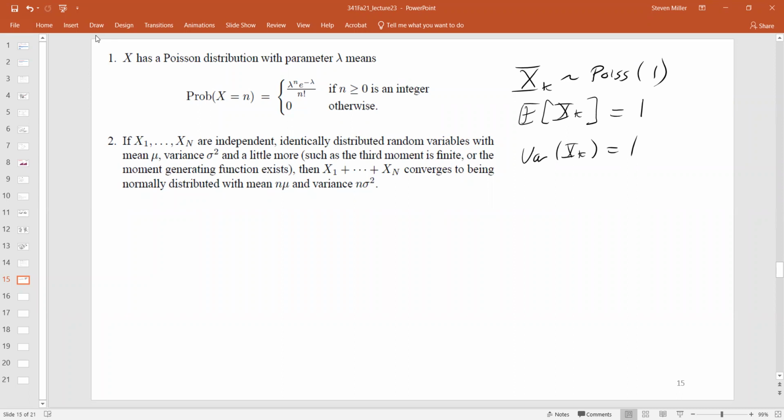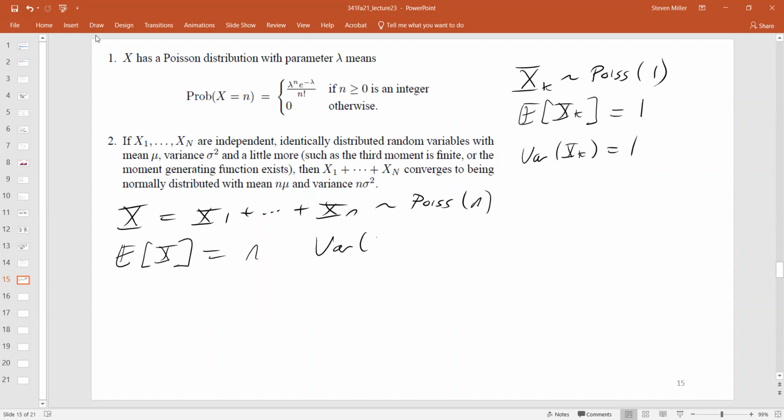Okay, so we can now apply the central limit theorem. Let's let x be x1 plus through xn, and this is going to be Poisson. What's the parameter going to be for this Poisson? Each individual one is a Poisson with parameter 1, so the sum is going to be Poisson with parameter n. What is the expected value of x going to be? n.